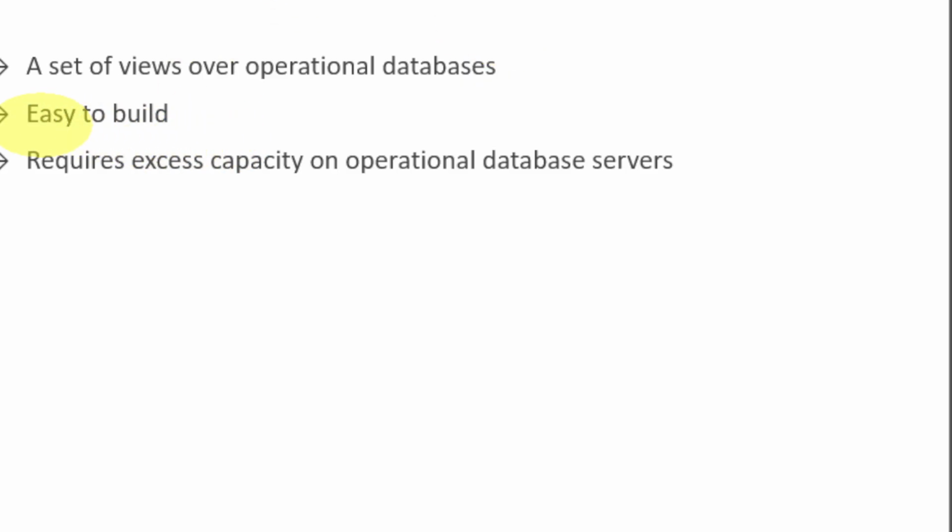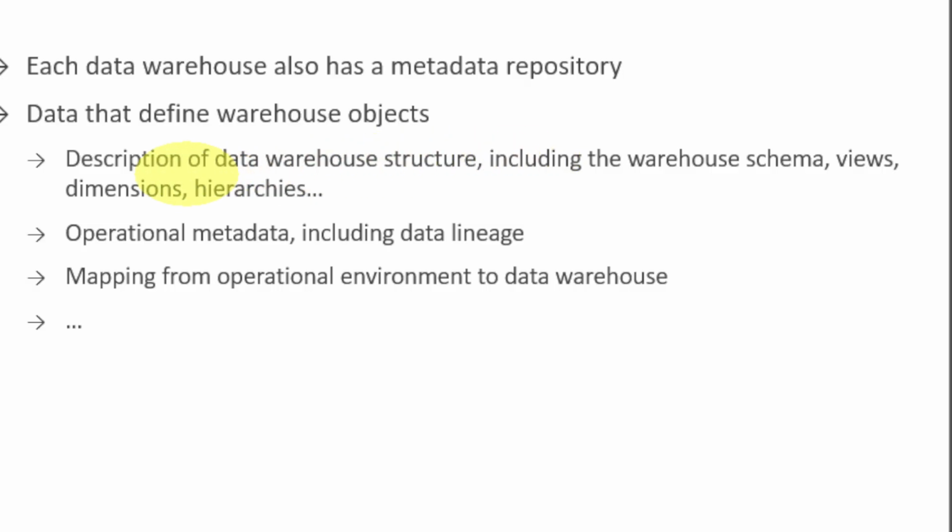Now the third one we should discuss is the virtual warehouse. In the data warehouse model we have the virtual warehouse. It's a set of views over operational databases. It's easy to build but requires excess capacity on the operational database server. What do we mean by metadata repository?